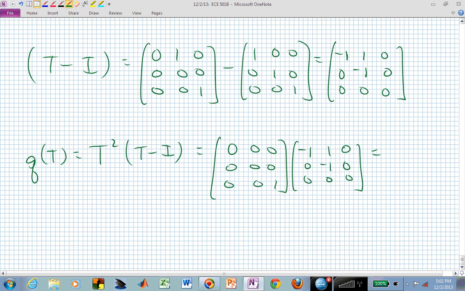The third row is taking 0 times the first row plus 0 times the second row plus 1 times the third row. That's 0 also. So we get the 0 matrix that we said we would get, or T satisfies its own characteristic polynomial via an example.